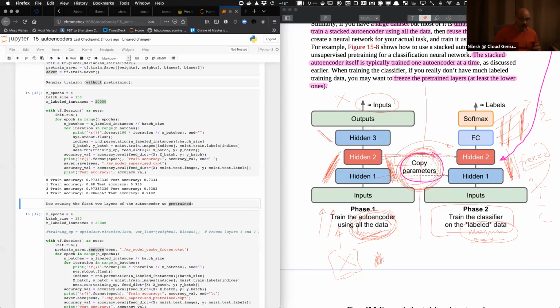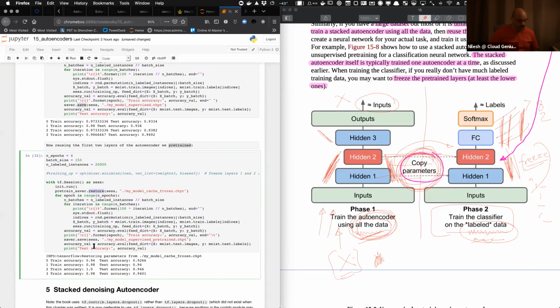Now we are going to reuse the earlier session state that we saved here. We are going to restore that right here in this step, and use it in our later layers.